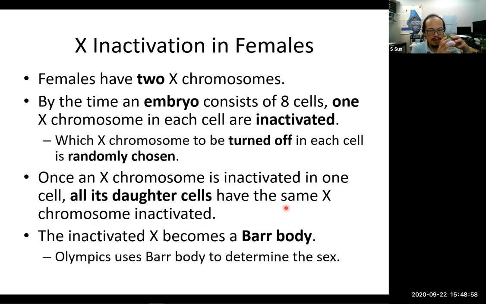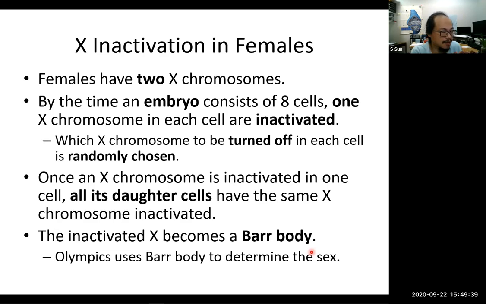If we look into the skin, in male we don't have it. In male, we only have one X. We have nothing to inactivate, and there's no random inactivation. But in the female, if you examine the cell from any skin, you will see that only one X is active and the other one becomes inactivated. We see it as what's called a Barr body. This was first recognized by Dr. Barr.